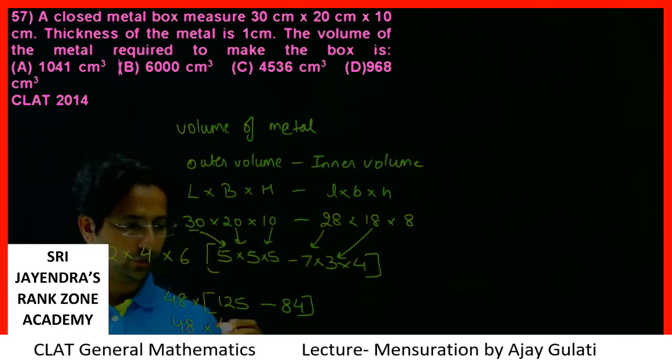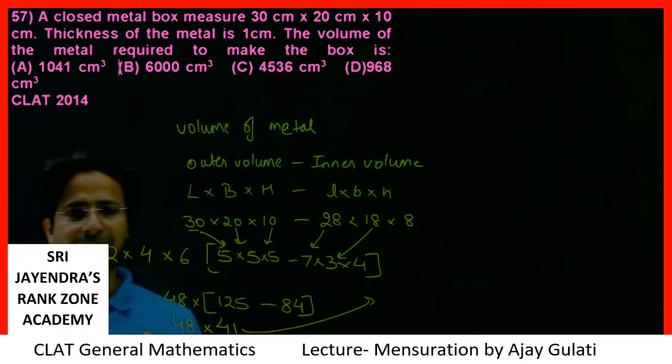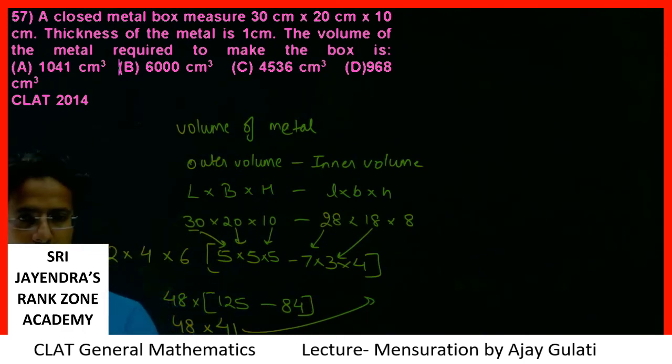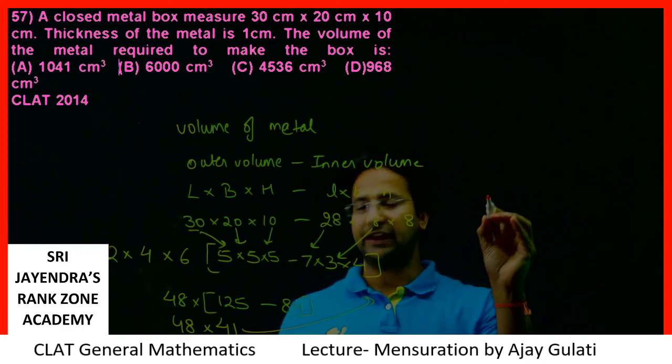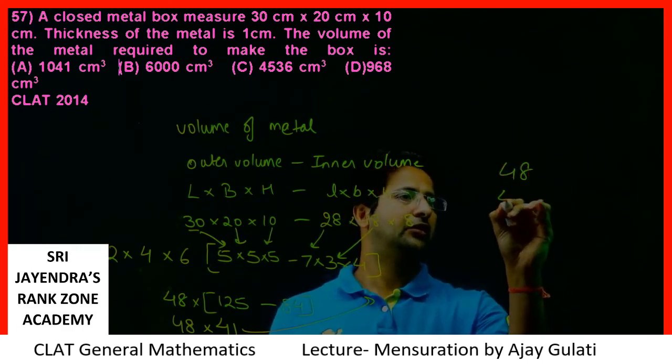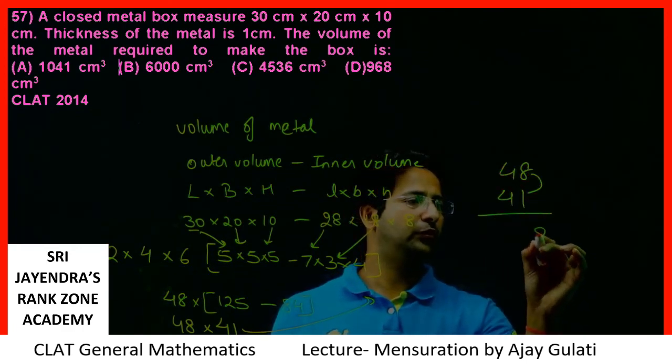41. How to do this? By the crisscross method. So students, how to multiply this by the crisscross method? Very easy. 48, 41. First of all, multiply these two, you will get 8.